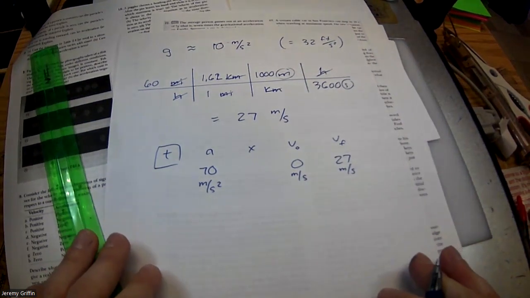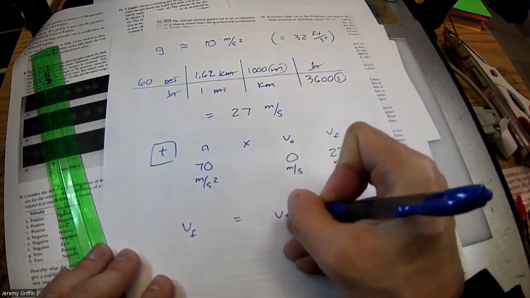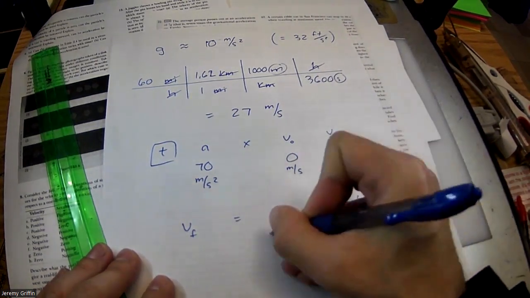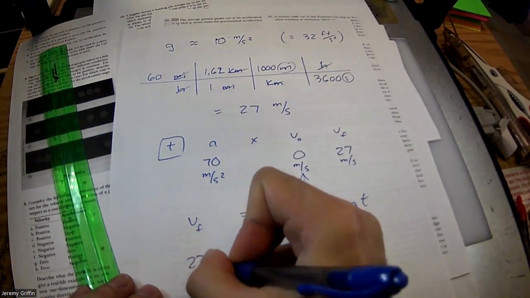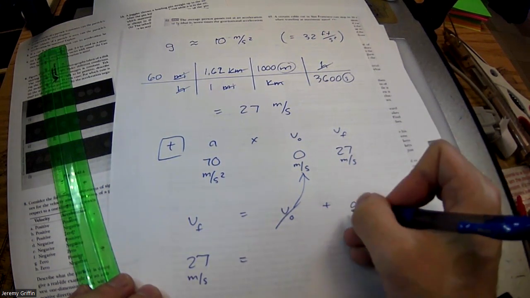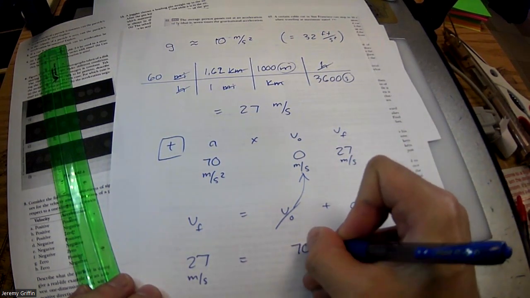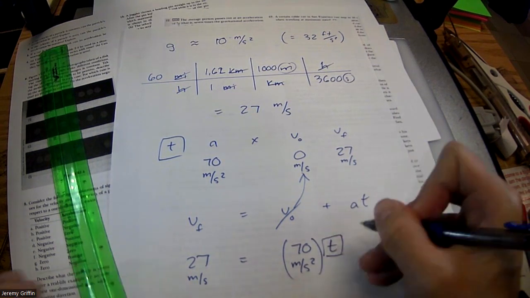Which equation, first, second, or third, is going to handle that? Second, good call. Final velocity equals initial velocity plus a t. The guy just goes to 0 anyway. 27 meters per second equals 70 meters per second squared, that's 7 Earth G's, times how much time?